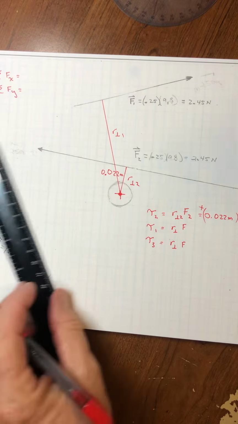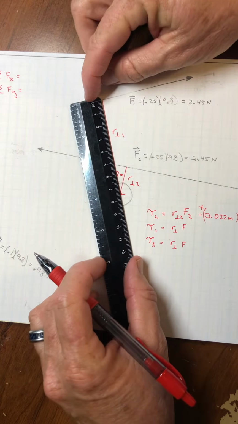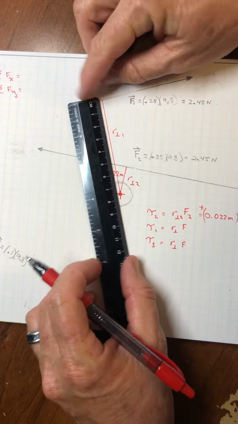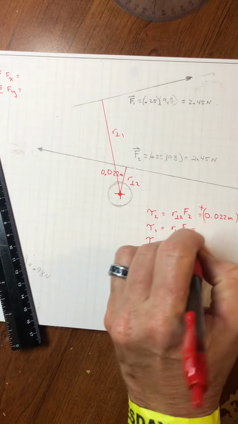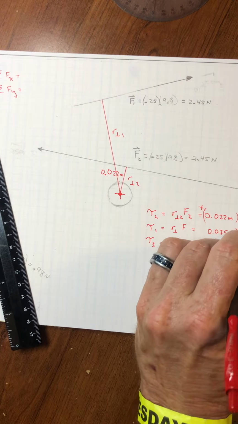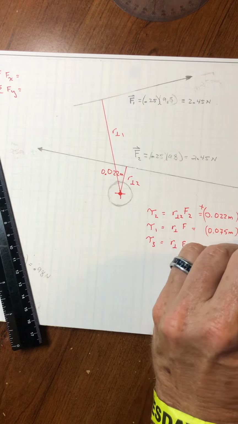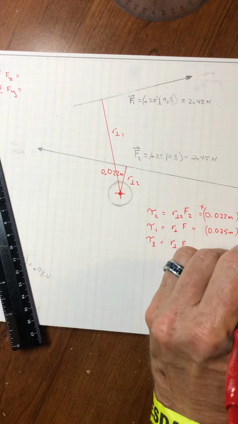And that's looking like what? About 7.5 centimeters. So it goes 0.075 meters. The amount of force is 2.45 newtons.